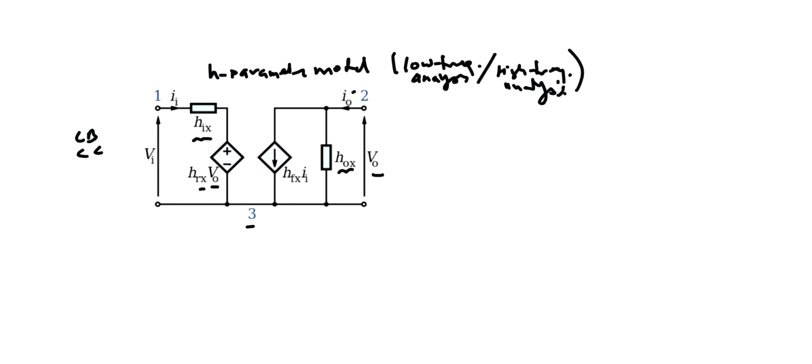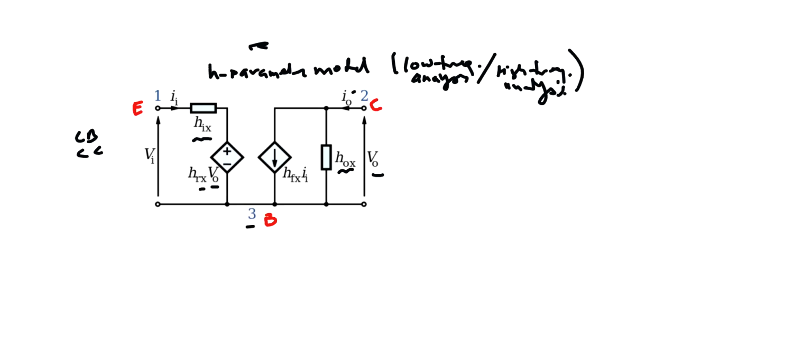For the common base, this circuit will be modified so that pin number 1 is your emitter. Let me use a different color of pen, that will be better. Let's do it in a proper way so that representation matters. So this is your emitter, this will be your base, and this will be your collector. We are talking about the first case, common base.